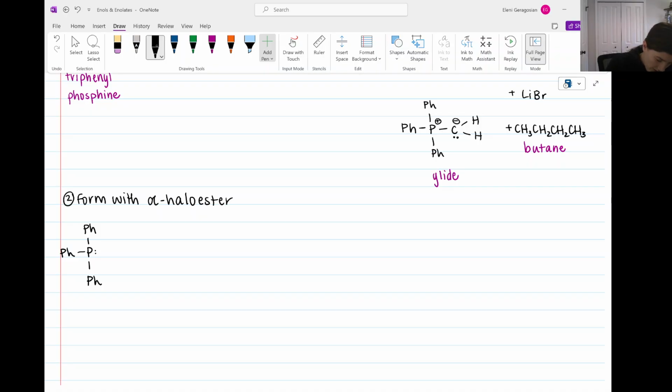So we have an ester, which is a carbon to oxygen double bond, and that carbon's bonded to an oxygen, and that oxygen has another carbon chain. We'll make it an ethyl here. Then the alpha carbon to the carbonyl is bonded to a bromine. So remember, this is the alpha carbon in a structure with a carbonyl. So this is an alpha bromoester.